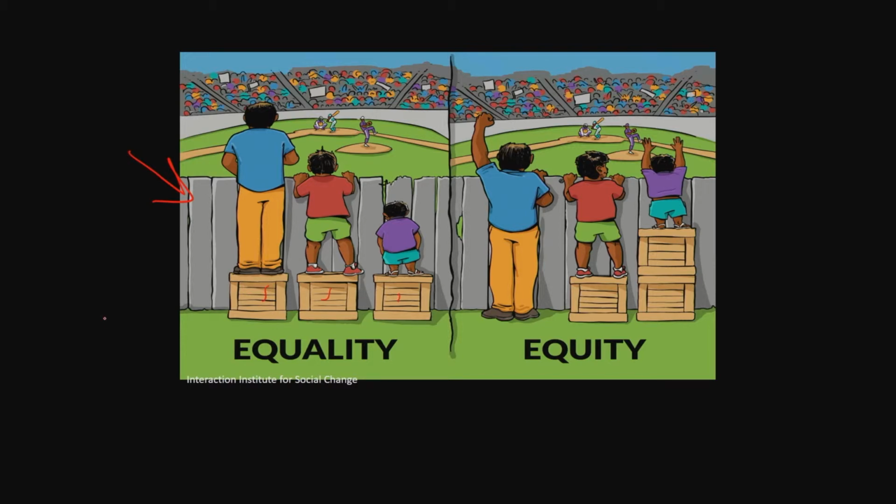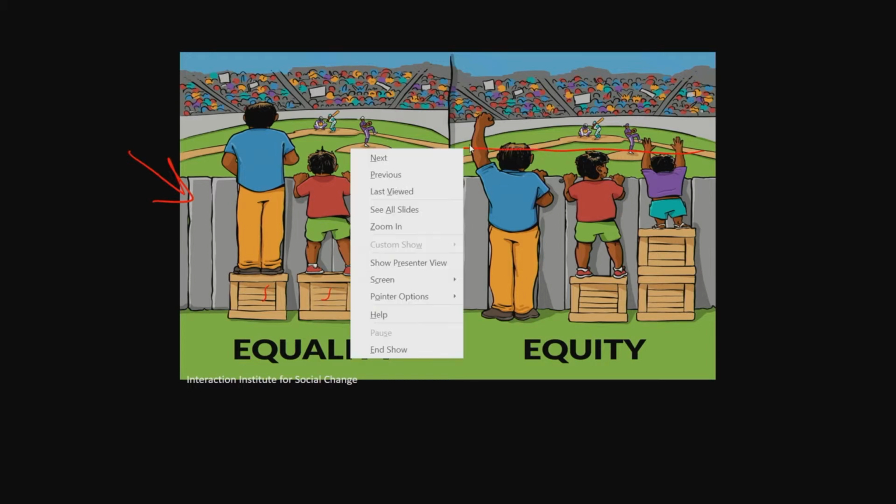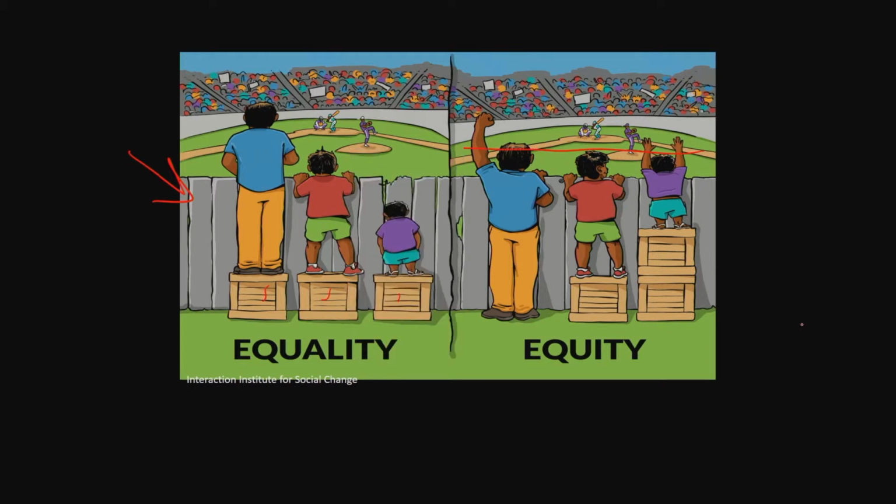If we treated them equitably, the shortest person would get the most boxes, the second shortest person would get what they need, and then the tallest person wouldn't. At the end of the day, they're all at the same level. So they can all see the game, and the end result is equality, but in order to achieve that equality, they have to be treated differently because they're not equal in height.